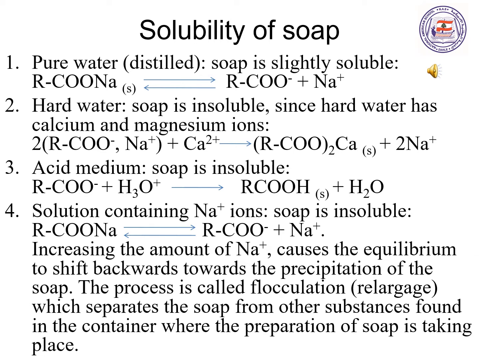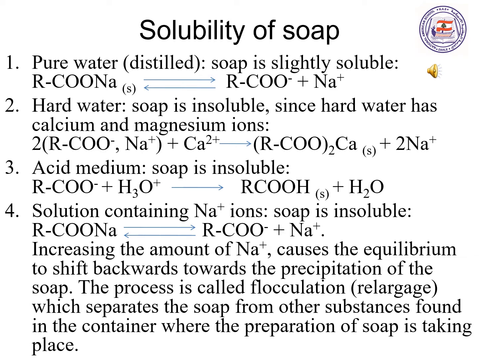Now, in a solution containing Na+ ions, soap is also insoluble. Looking at this equation right here, we have RCOONa, which is the soap molecule, in equilibrium producing RCOO- plus Na+. Now, increasing the amount of Na+ causes the equilibrium to shift backwards towards the precipitation of the soap.